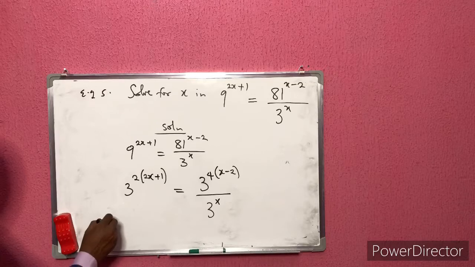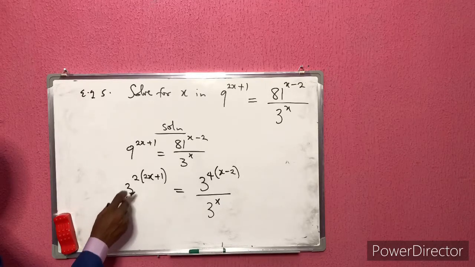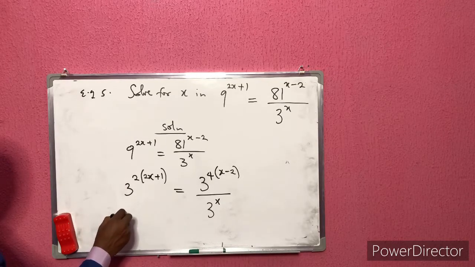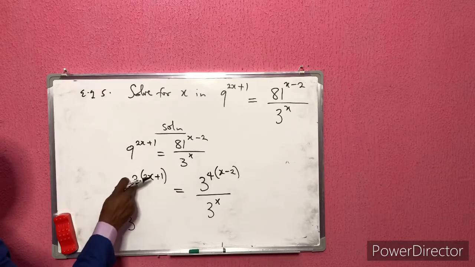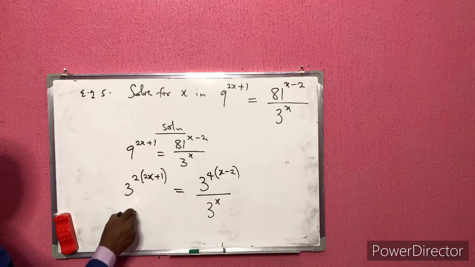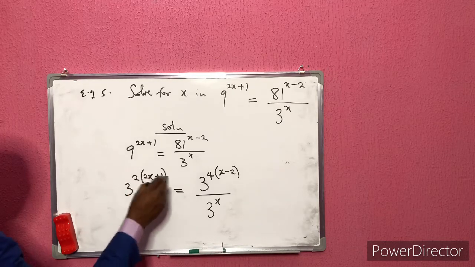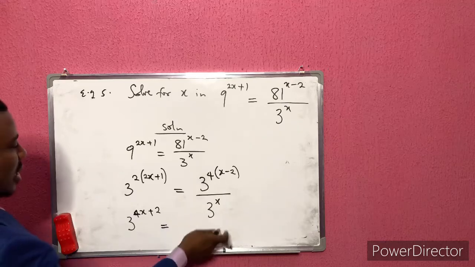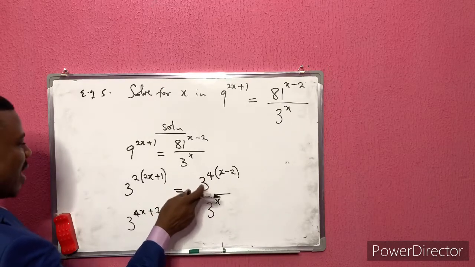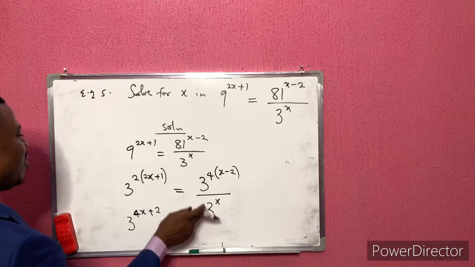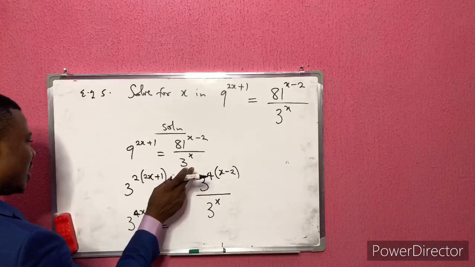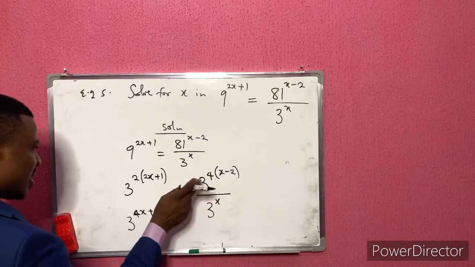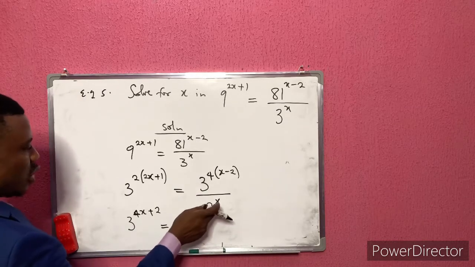So we are going to have 3 to the power, 2 will open the bracket: 2 times 2x gives us 4x, 2 times 1 gives us 2, equals to, remember our laws in indices. When you divide, you are going to subtract the powers.